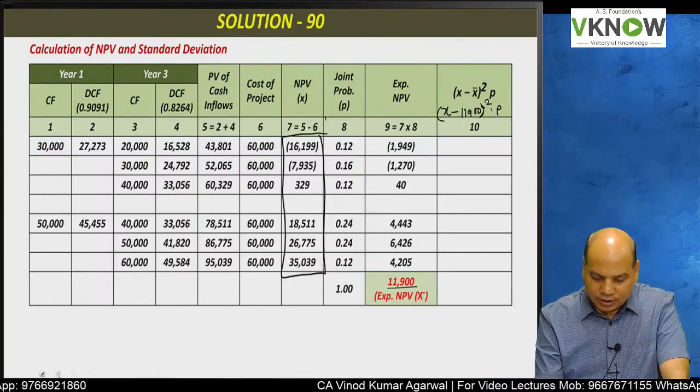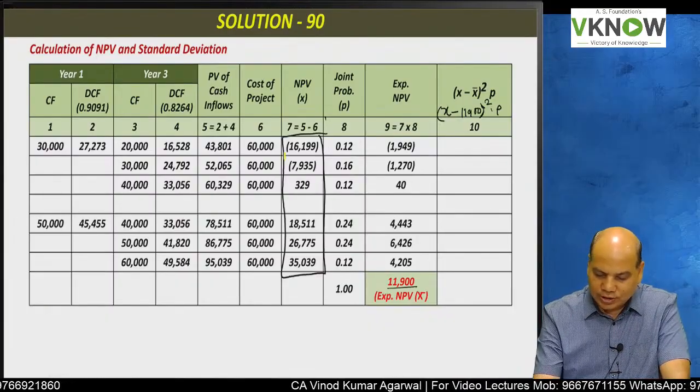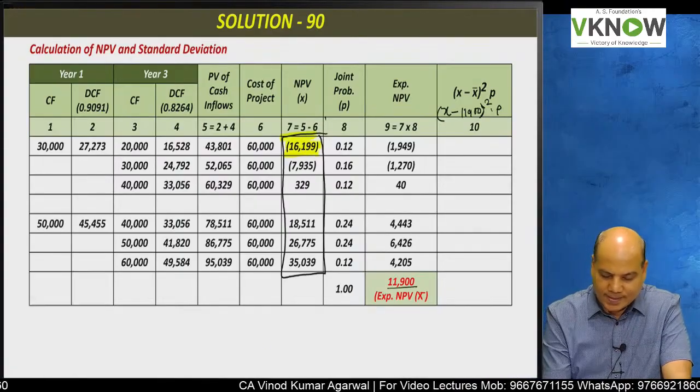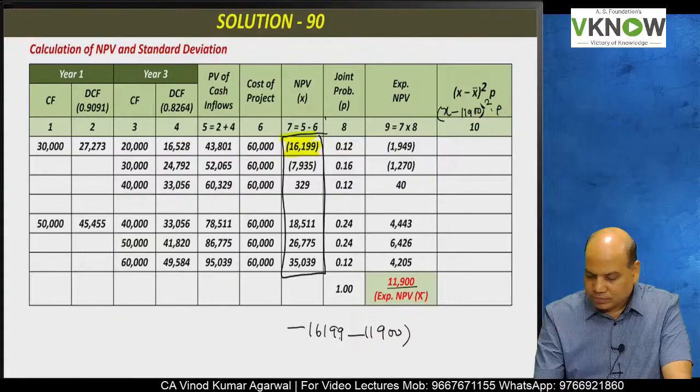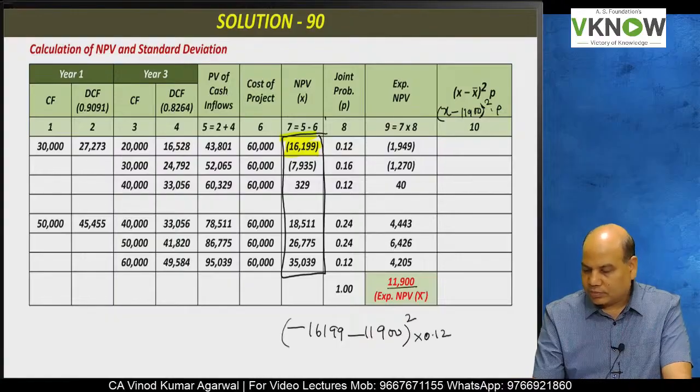Now show your skill again, this is minus 16199 minus 11,900 square into 0.12.